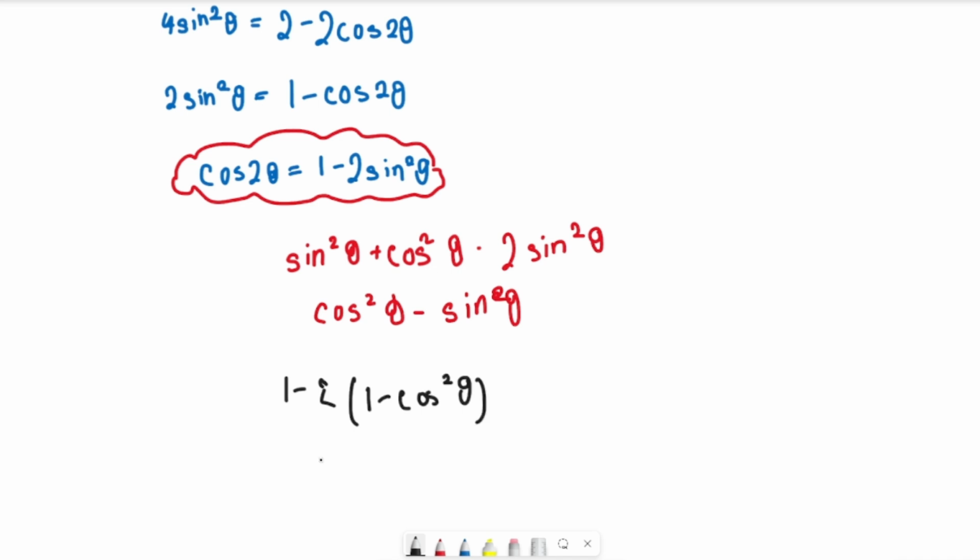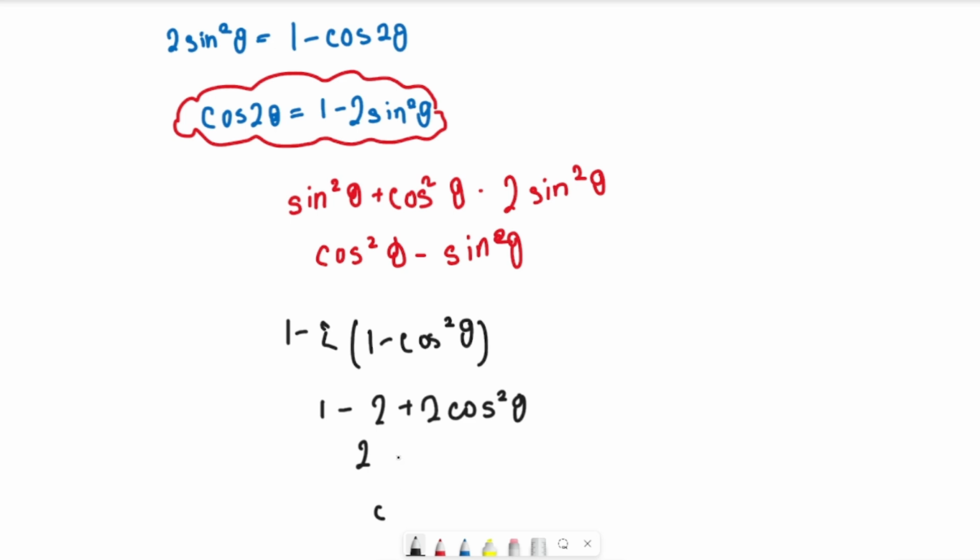If I expand this further, I get 1 minus 2 plus 2 cosine squared theta, which simplifies to 2 cosine squared theta minus 1. So this is 2 more ways of writing the same identity.